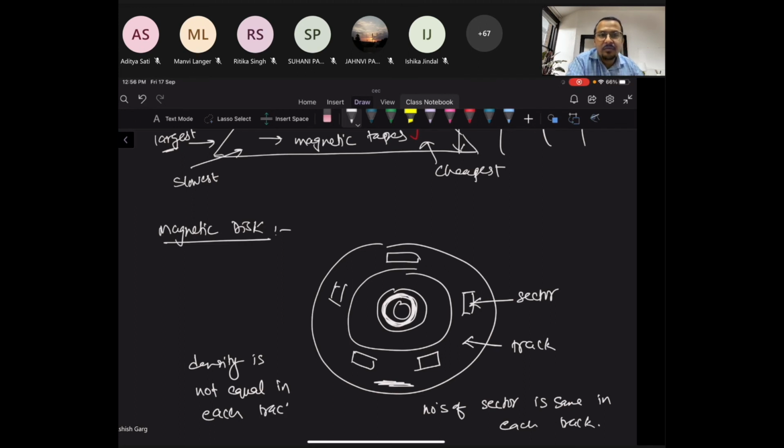Each track will have a different density, because the number of sectors in the outermost concentric circle and the innermost concentric circle is the same, so the density must be different. This gap is called the sector internal gap, and there is a gap between two concentric circles. You can consider this green line as a gap between two concentric circles. This is called the internal gap.